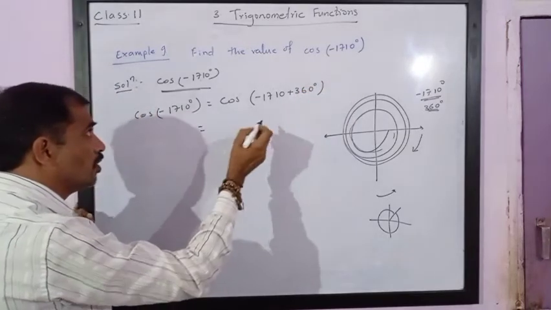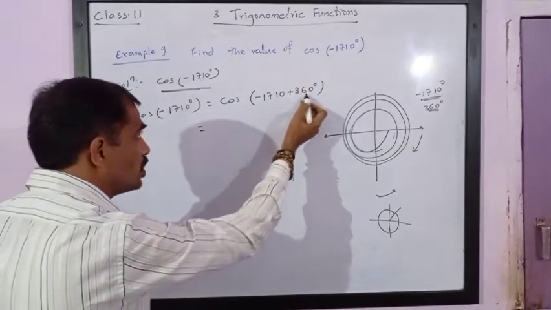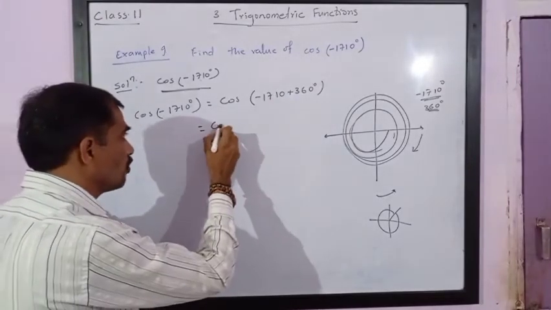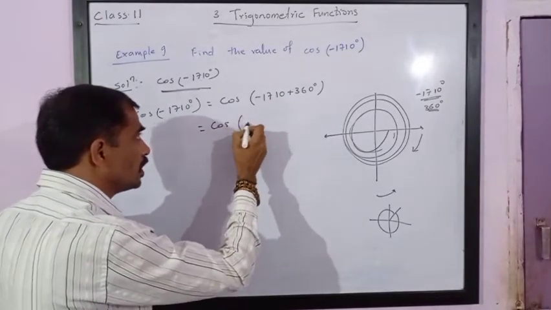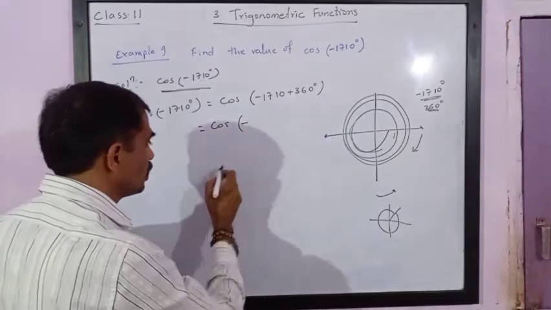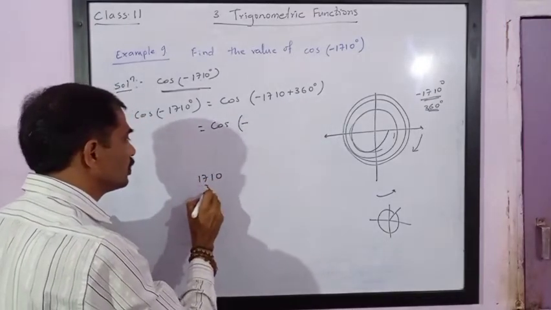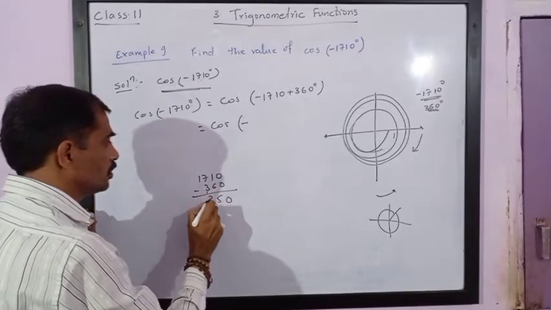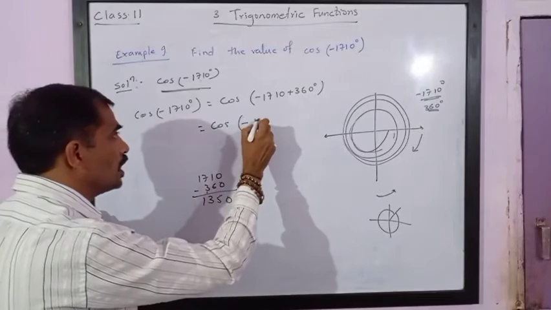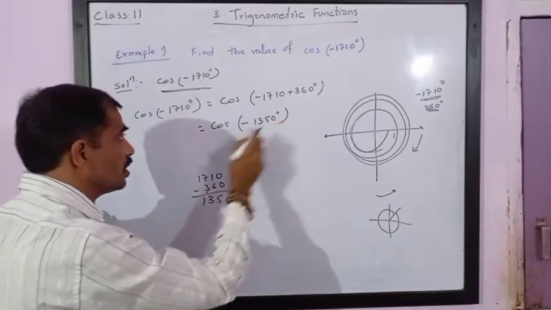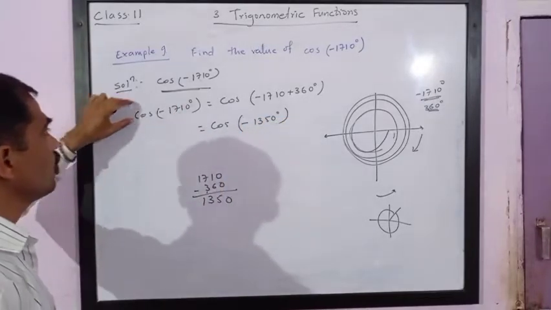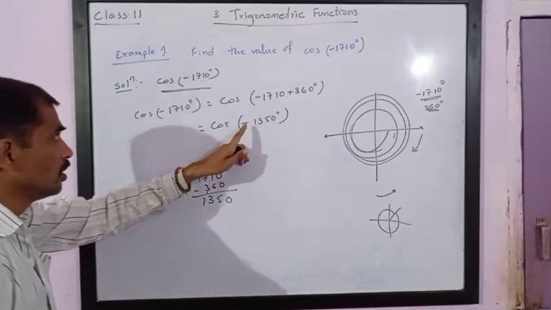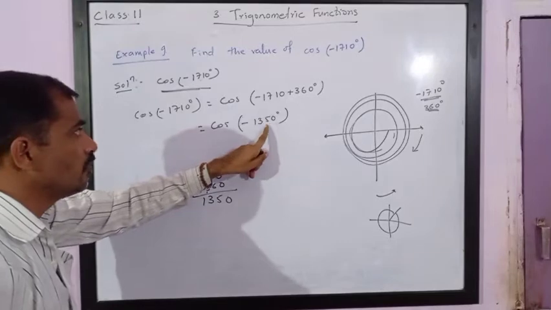This is equal to cos of negative 1350 degrees. So cos of negative 1710 is equal to cos of negative 1350.